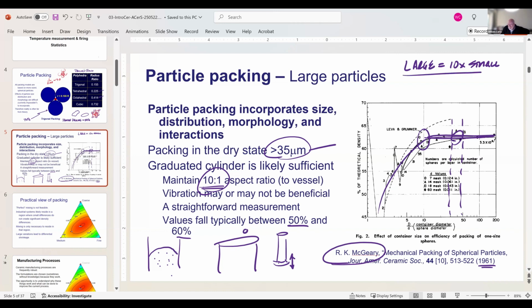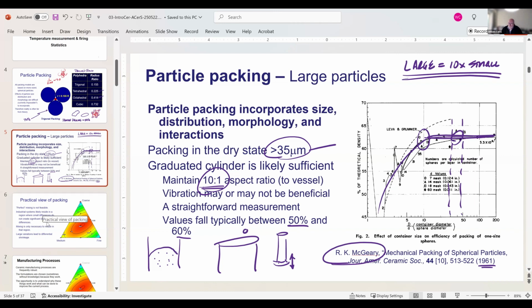So this is our particle packing situation, is 10 to 1. So if I take 2 powders, I want those 2 powders to be at least 10 to 1. If I take 3 powders, my large particle then is 100 times my smallest particle. And then we have to deal with the distribution, right?